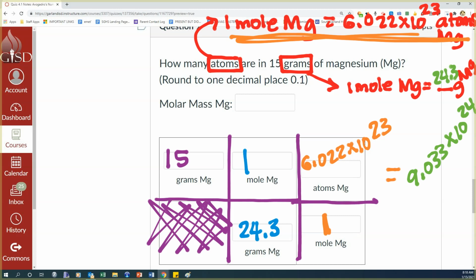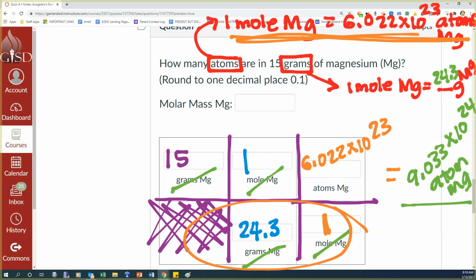What will be the unit? I forgot: the grams here cancel with the grams here, and the mole here cancels with the mole here. So the unit is atoms Mg. And that's just the top. Don't forget, I need to multiply everything at the bottom.